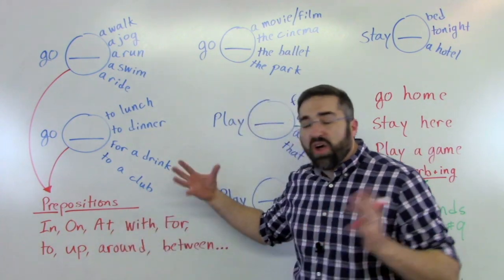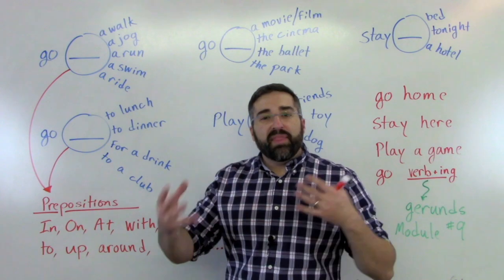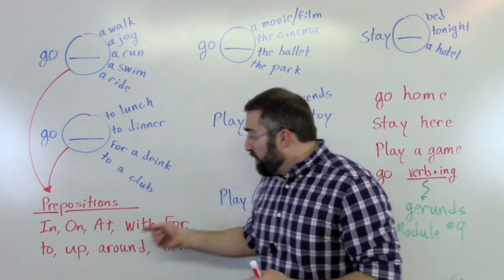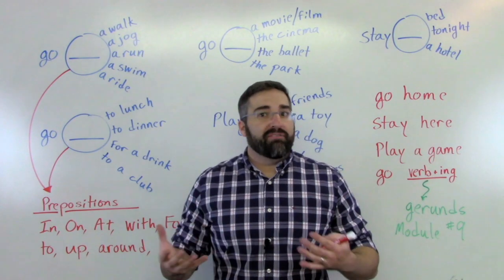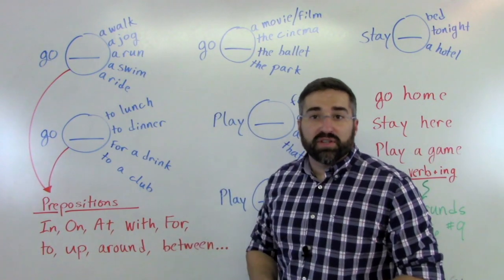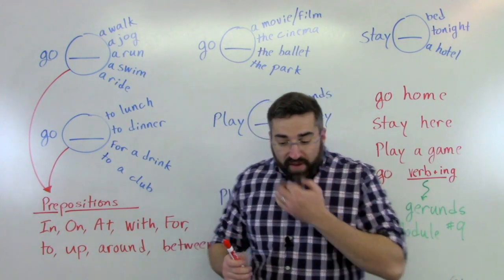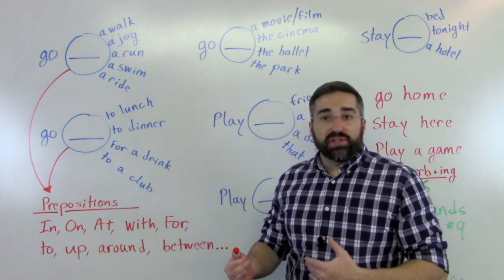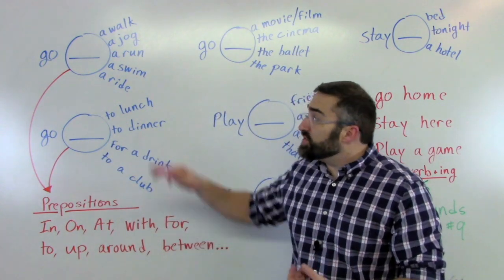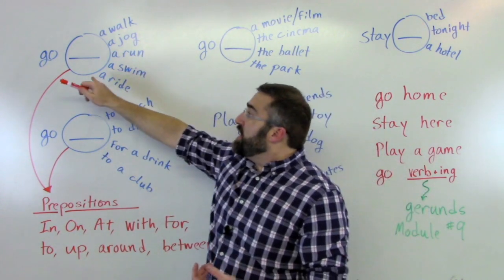So prepositions hold everything together and they give us more information. The best part about prepositions is that they have a lot of information in such little words. So we need to know when to use these different prepositions. So we have some expressions here.